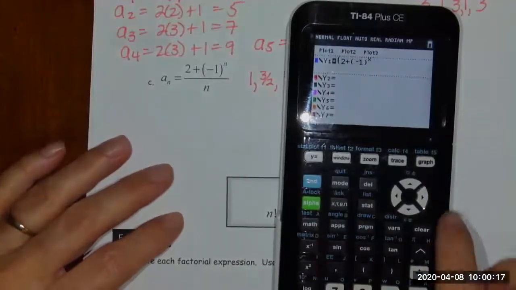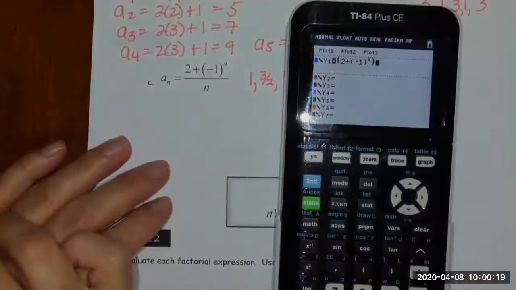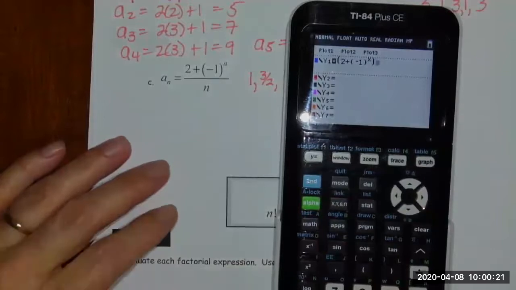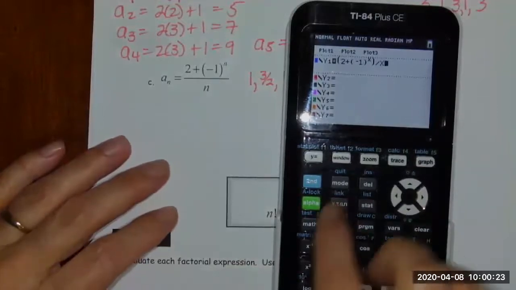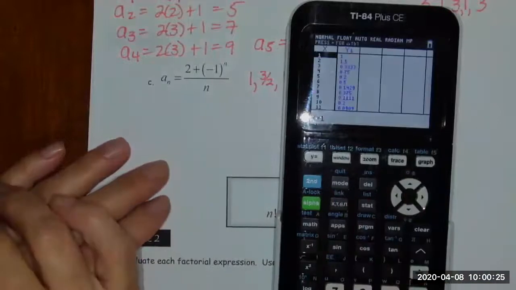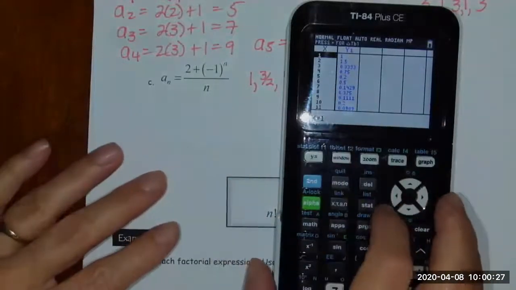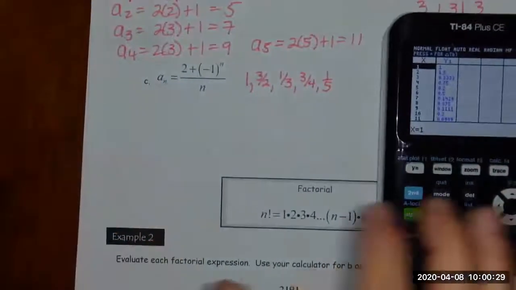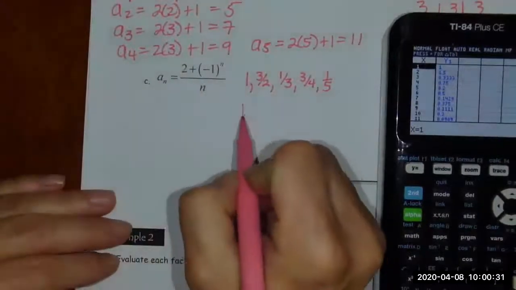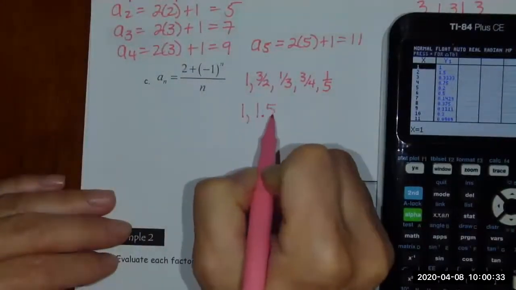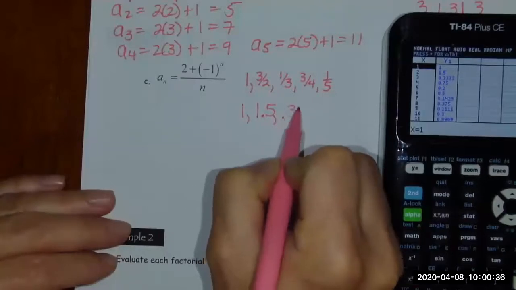So I type the top in, divided by the bottom. Now when I go, it will give me decimals. So if you want a decimal form, then you don't use the alpha y equals. If you want a fraction form, use alpha y equals.